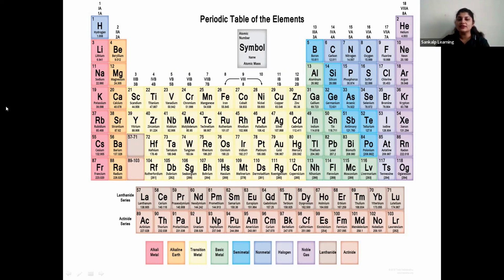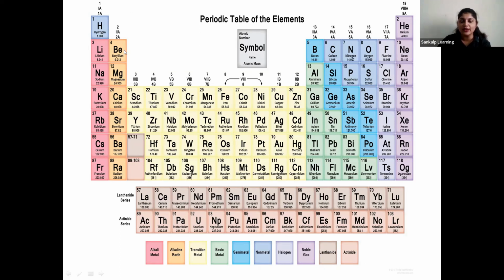This time you have to remember 20, but in higher classes you need to remember the whole periodic table.